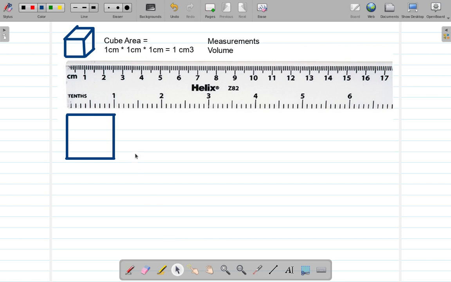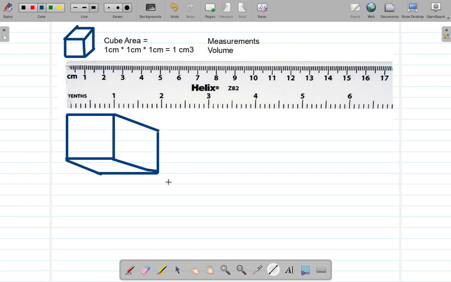What about this one? This square here, let's turn it into a cube. So we have the height and the width. Let's put a length to it, where the length is also 1 inch. So we have 1 inch by 1 inch by 1 inch. Let me draw it a little more proportionate.